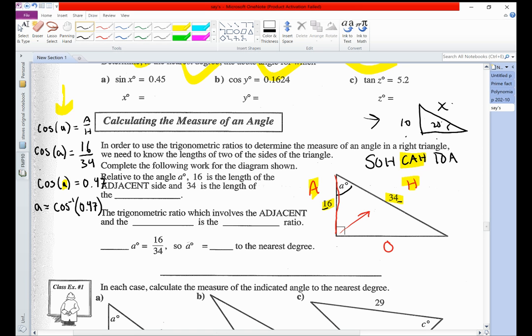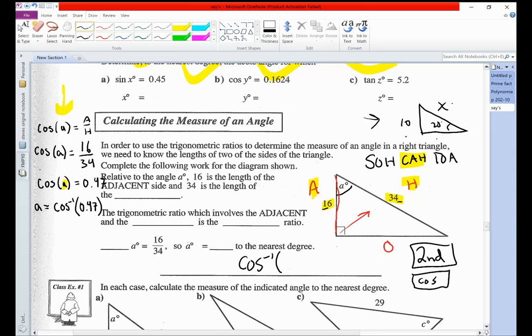And I know you're asking yourself, wait, cos to the negative 1, what is that? Every calculator has this second button. You hit the second button, and then your cos button, and you'll see on your calculator what pops up is cos to the negative 1.